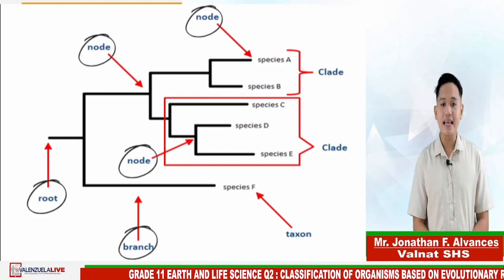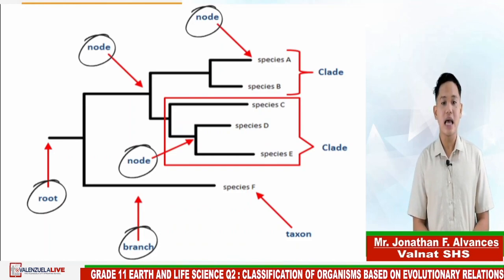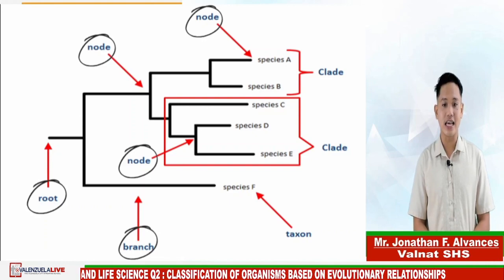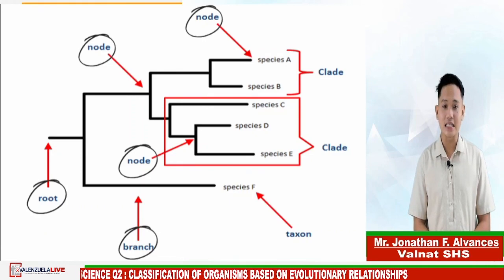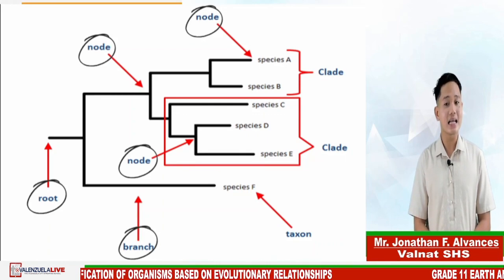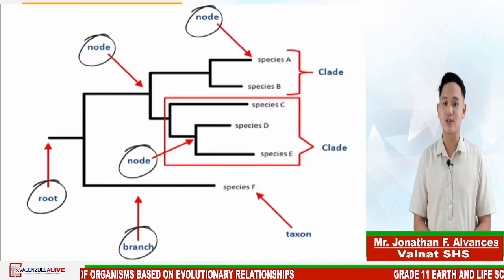Branches are the lines on a phylogenetic tree that represent ancestral and descendant lineages. Branches arising from nodes represent descendant species that split from a common ancestor.